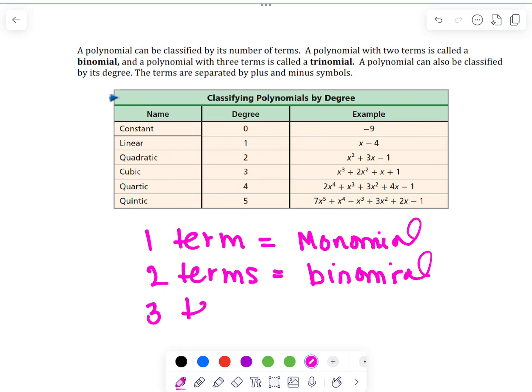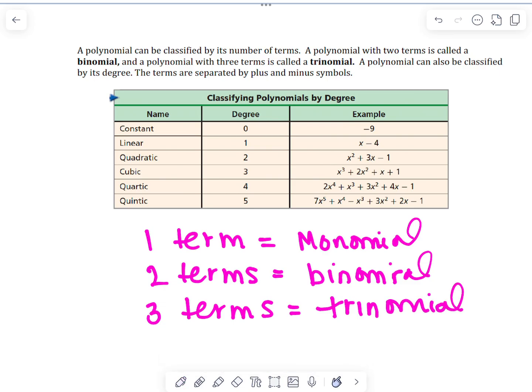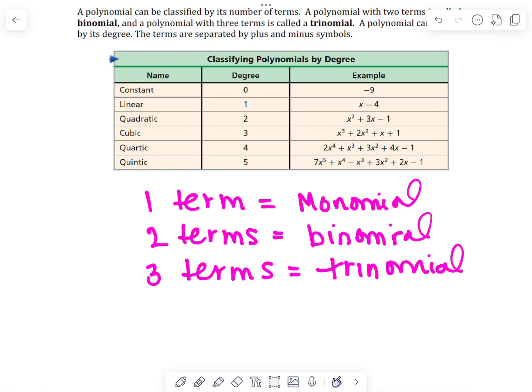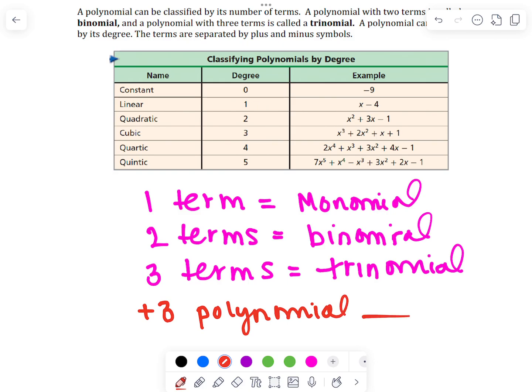Three terms is a trinomial. Now, anything higher than 3 terms, you just say it's a polynomial with blank terms. So if it had 5 terms, you'd say polynomial with 5 terms. So there's not a fancy name after the trinomial.